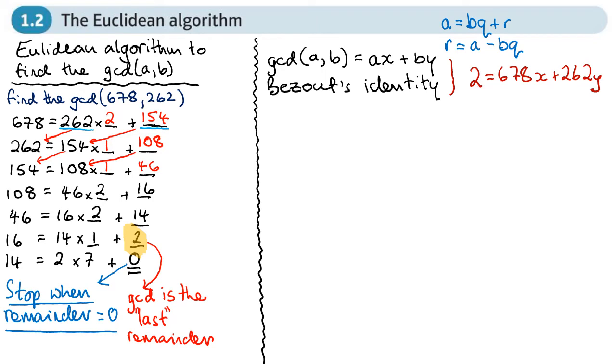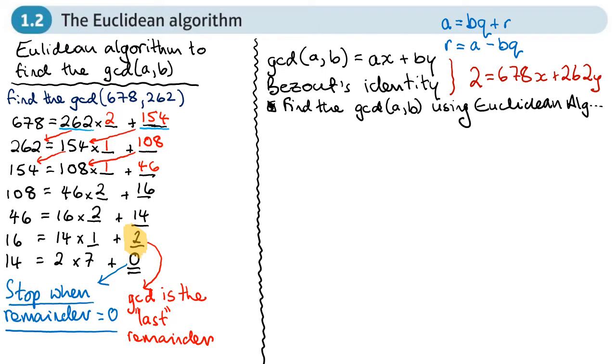So the first step is that we would need to find the greatest common divisor of A and B using the Euclidean algorithm. And we've already done that, so that's not a problem. But you would need to do that first, because we're going to use this algorithm and actually work backwards through it.